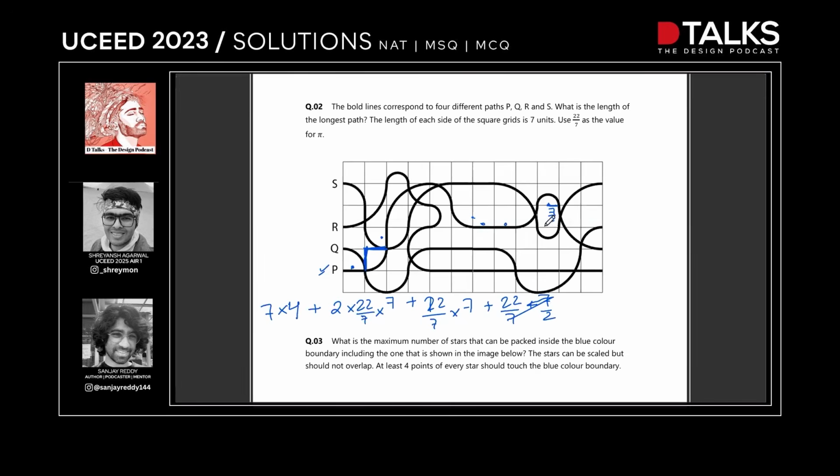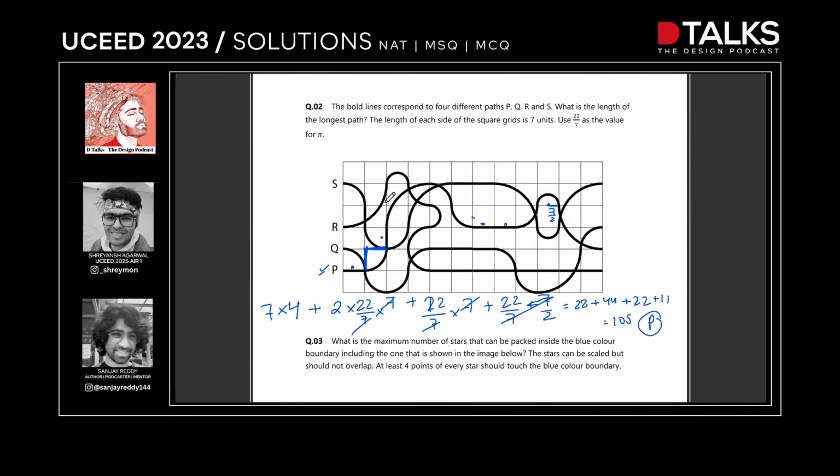You can take 7 common and calculate, but I found it easier to just directly add this up. It's not really that hard, which is 28 plus 44 plus 22 plus 11. That will give you 105. So that's P.